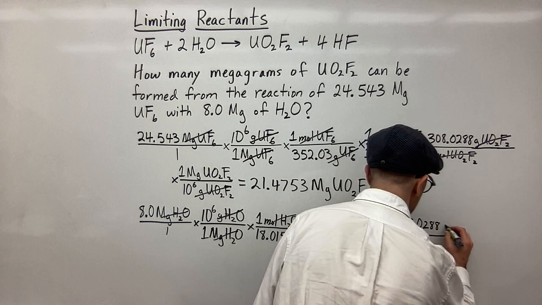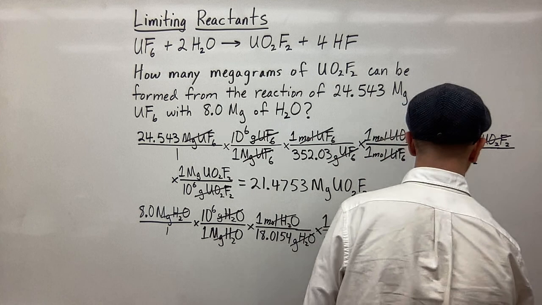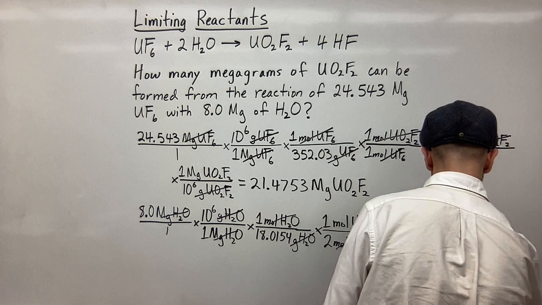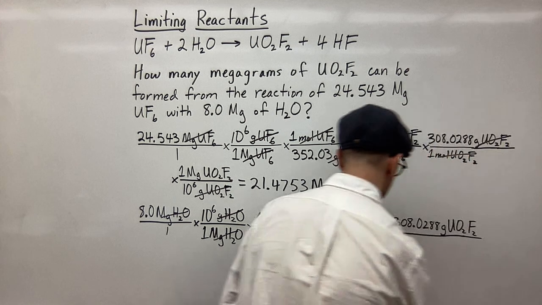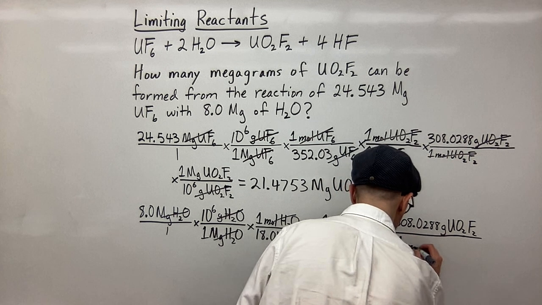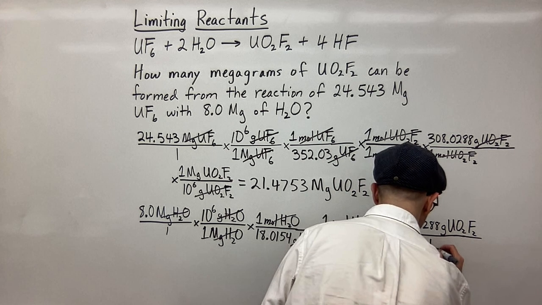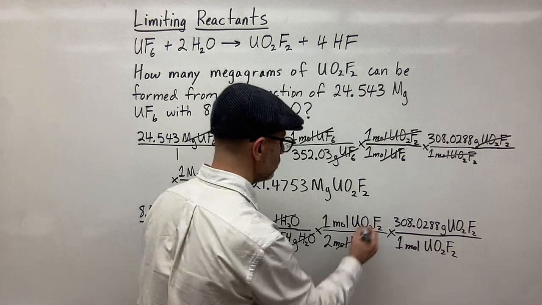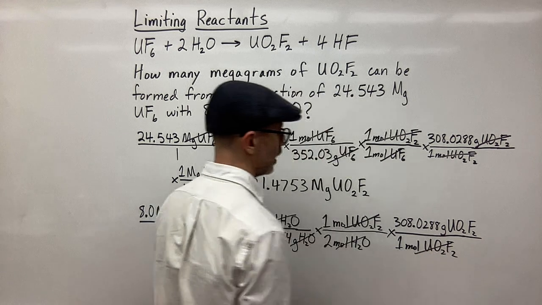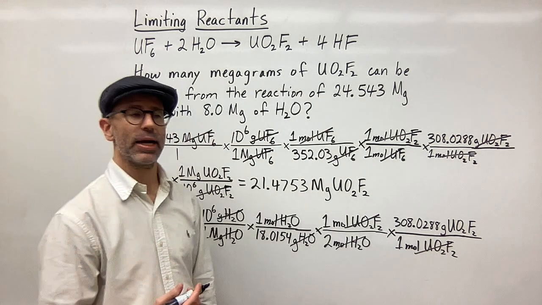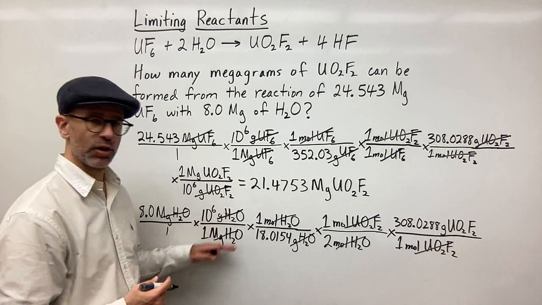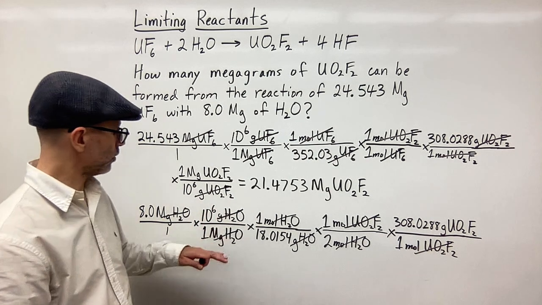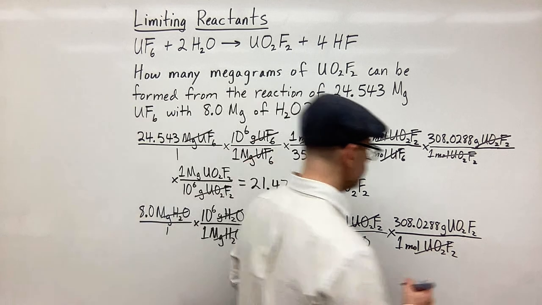So 308.0288 grams of UO2F2. And on the bottom is going to be 1 mole of UO2F2. So the moles of this substance cancel out. Now I have grams, and now I can use the same relationship to convert grams to kilograms or megagrams.